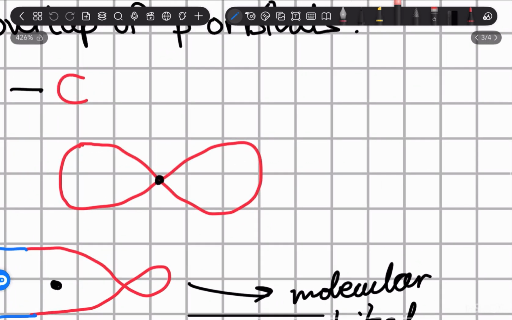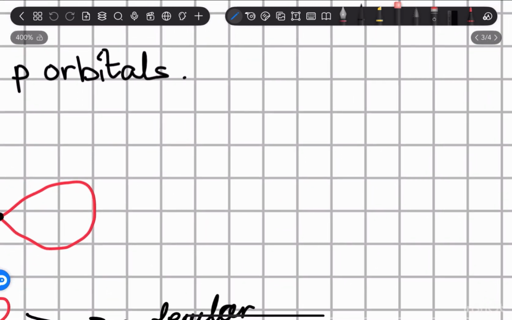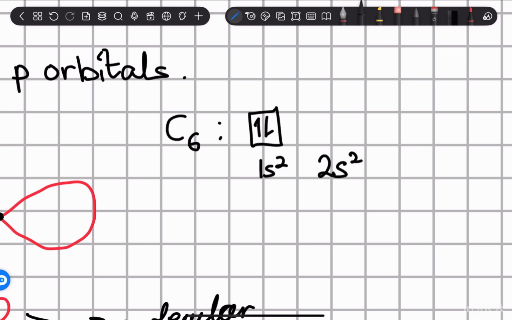So if I were to draw the box electronic configuration of carbon, obviously we have the 1s, which has 2 electrons, so we have 1s2. Then we have the 2s2, which also has 2 electrons, and then we have the 2p2, a p orbital.